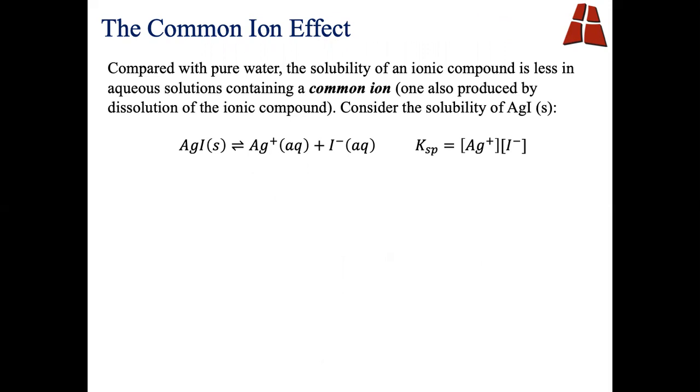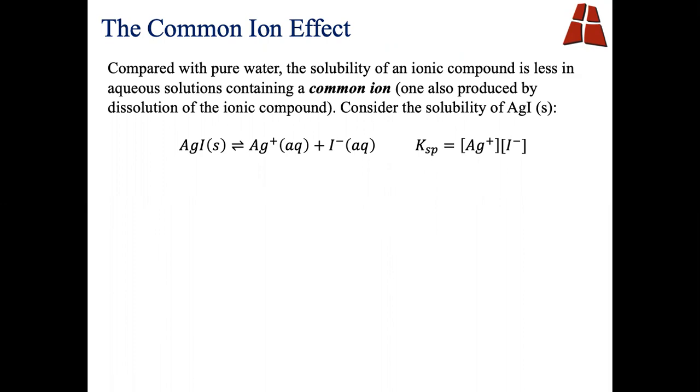If we think about solids such as silver iodide that dissolves into silver and iodide, if it dissolves in pure water, then we only need to worry about how much of each would be dissolved, which would be determined by our KSP expression.